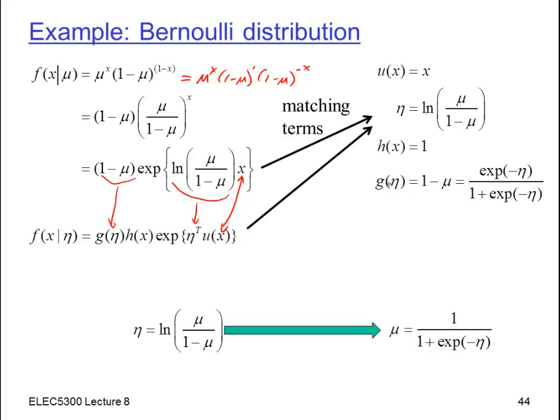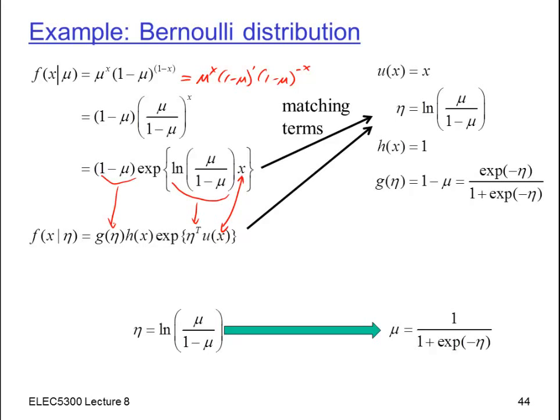And so g of eta then is just the same as 1 minus mu, and so I take 1 minus this, and I get e to the minus eta divided by 1 plus e to the minus eta. So you can see here all of these terms can be matched exactly into this distribution, and therefore the Bernoulli distribution is a member of the exponential class.